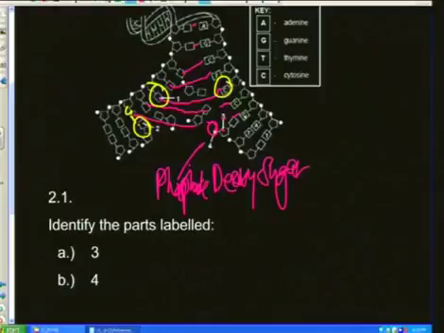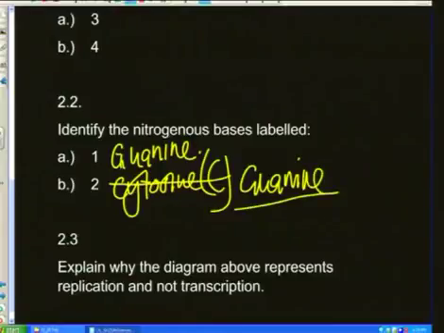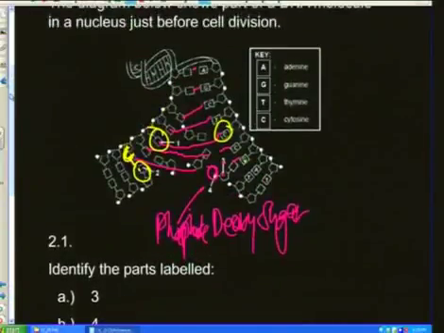So that was G. Sorry, we've got to go back. So this will have to be C. Sorry, let me change my answer there. This would be C, not G. So this must be G. Again, another guanine. Sorry about that. I looked at the nitrogenous base above. Now remember, you need to match those bases, and you would have counted 1, 2, 3, 4, and make the match that way as well.